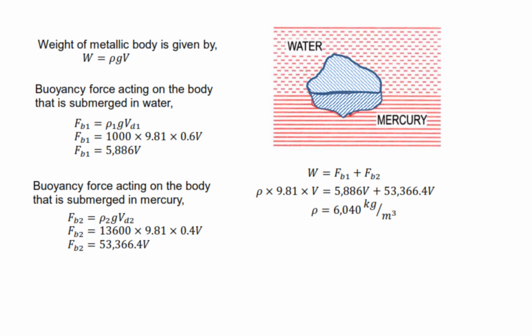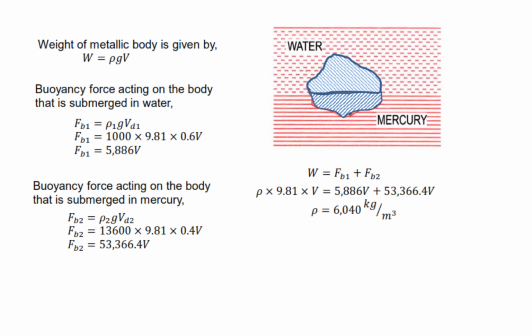Okay, first we need to calculate the total weight. So we write down weight is equal to rho g V. And then for the buoyant force, we are using the same formula, but the V is the Vd. So we calculate for water first.